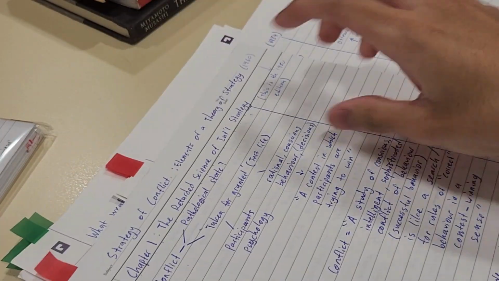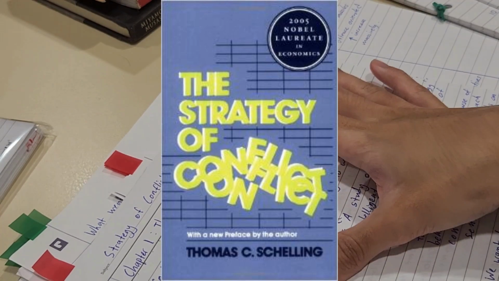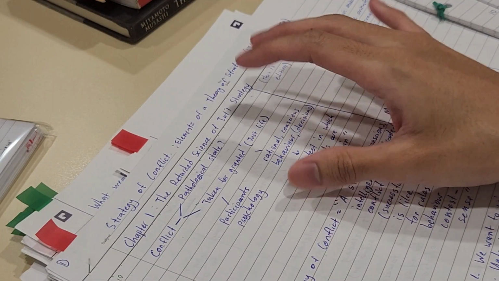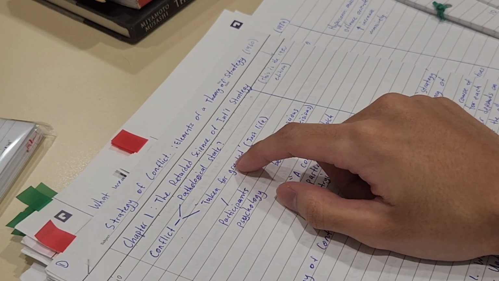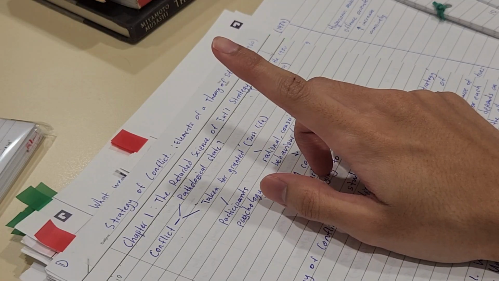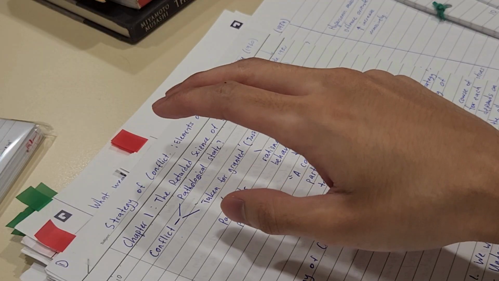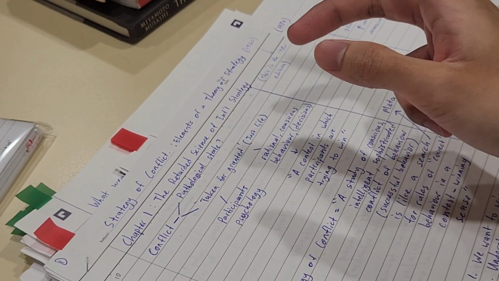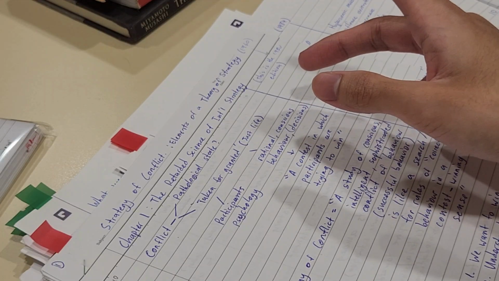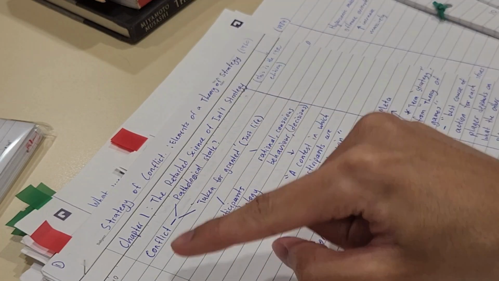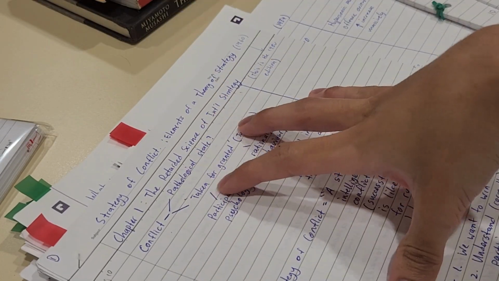Strategy and Conflict, also by Thomas Schelling. This one, I hated this book just because I was kind of tricked. This book was supposed to be for a secondary assignment, a book review, but the problem is that I read this over the summer, and I was using the reading list that was provided for the last cohort's assignment.